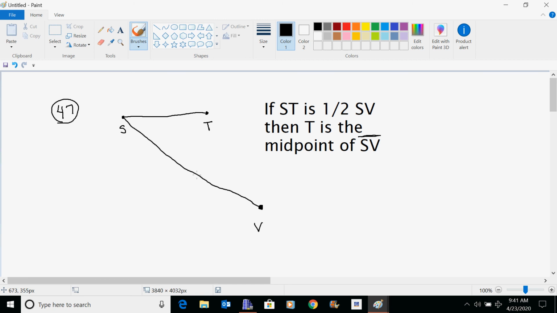So you know that it's not always going to be true, but is it sometimes true? Well, sure, you could have V out here somewhere so that ST was half of SV. So it might be true, but it might not be true. So your answer to this question would be sometimes.